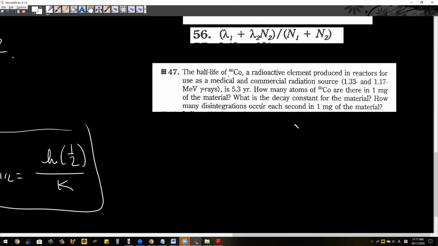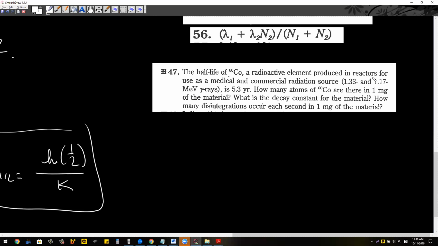Okay, so half-life of cobalt-60, a radioactive element used in the reactor, used in medical and commercial radiation. What's this one? 1.33 and 1.17 MeV gamma rays. What does it mean by that? I don't know.